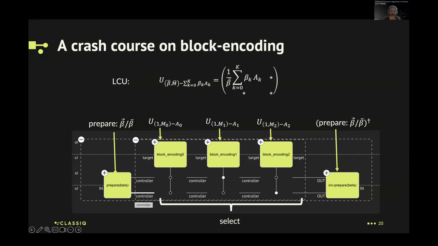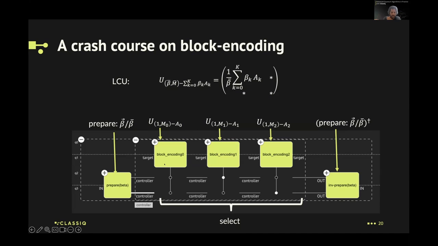This is typically how it looks. Let's say I have A0, A1, and A2, and I know how to block encode them. So this is the block encoding of A0, and this is of A2. Typically, what you do is the prepare and select. You are preparing amplitudes with beta, so beta over beta bar is a normalized vector. You prepare the betas, then you do the select.